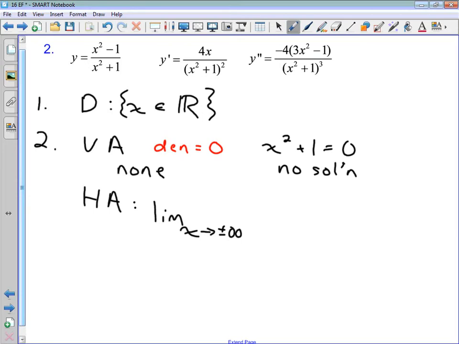My highest power of x is x squared, so I end up with x squared over x squared minus 1 over x squared, all divided by x squared over x squared plus 1 over x squared.